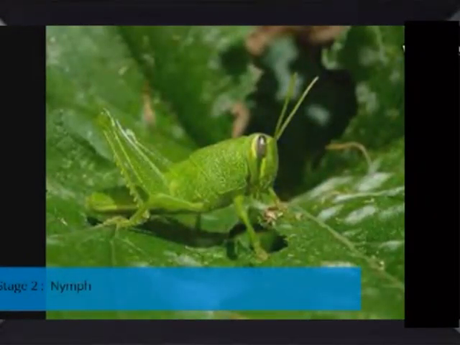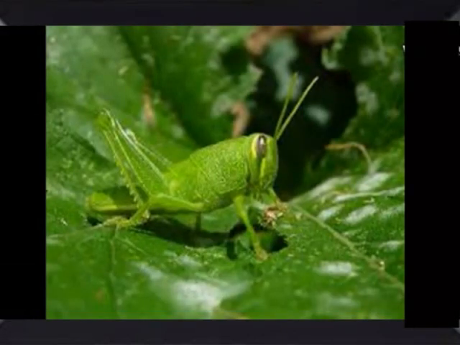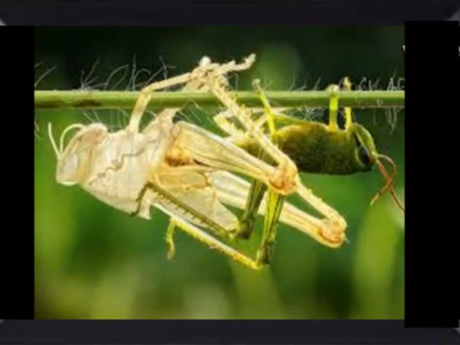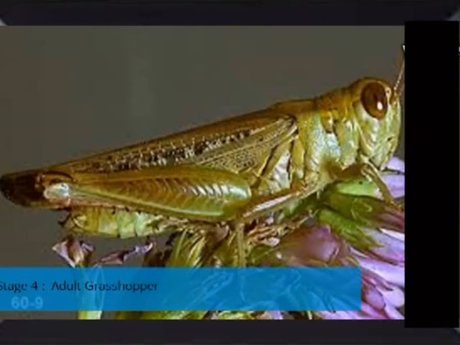Now, a nymph resembles an adult in all aspects except that it is wingless and lacks sexual maturity. The nymph undergoes several molts called instars before attaining maturity. After molting, the nymph increases in size until it is ready to mature into an adult.